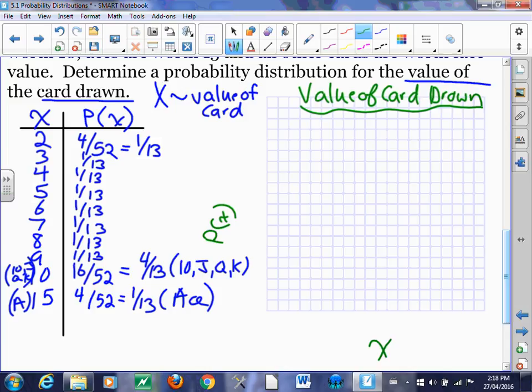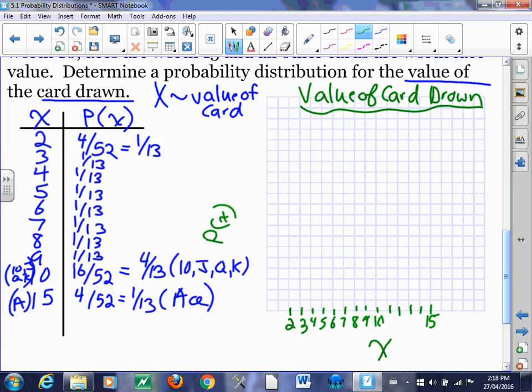So we will start and leave a space for 1 because there's no card that gives you a value of 1. Okay, so we got 2, 3, 4, 5, 6, 7, 8, 9, 10, 11, 12, 13, 14, 15. Okay? All right. And so what's our maximum fraction we have here, guys? We have 4/13, so we can really spread this out.